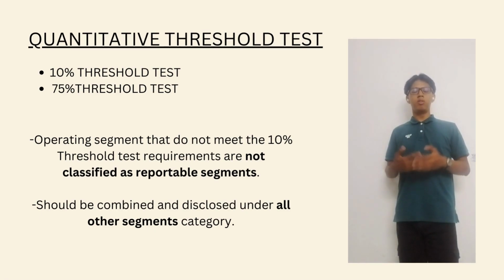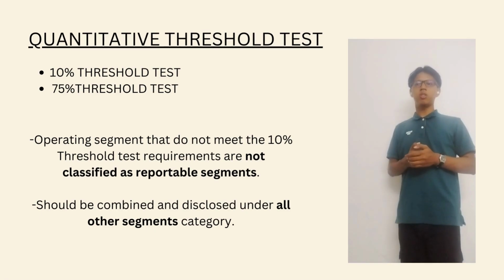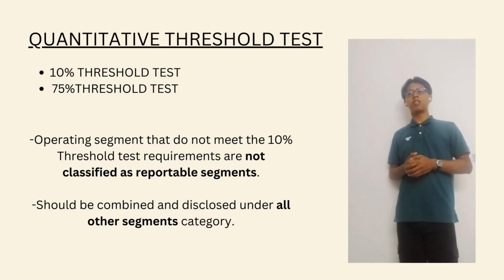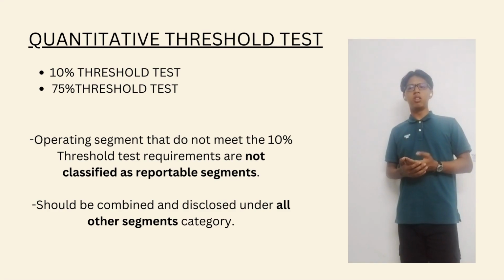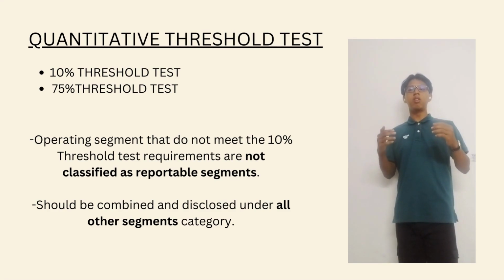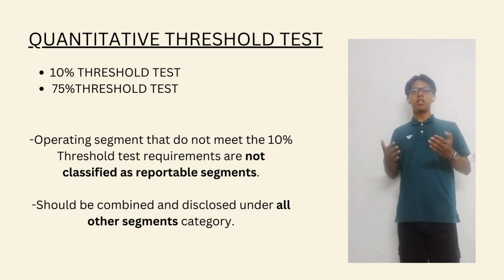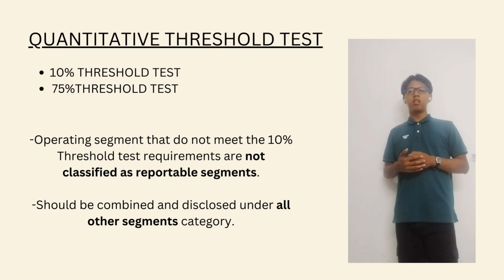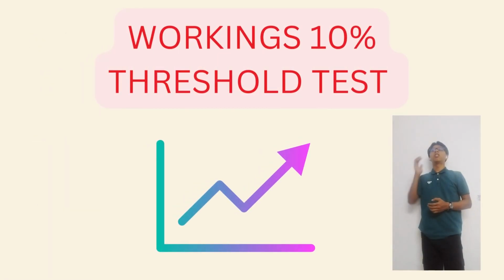Operating segments that do not meet the 10% threshold test requirements are not classified as reportable segments. So, they should be combined and disclosed under the all other segments category to make sure they meet the requirement of the 10% threshold test. Alright, we move to the 10% threshold test workings.